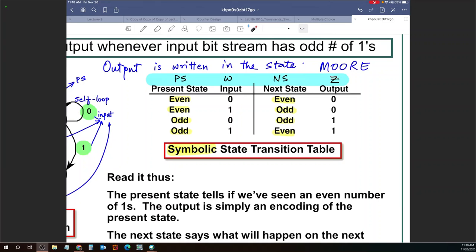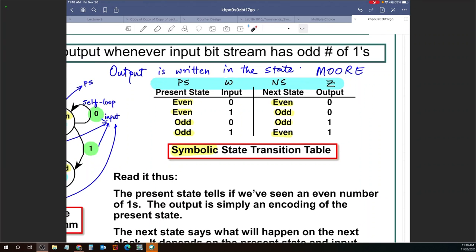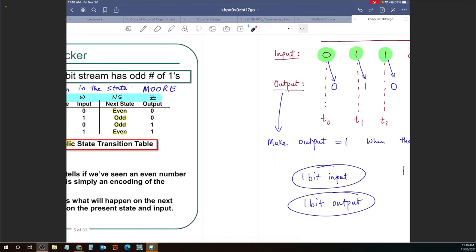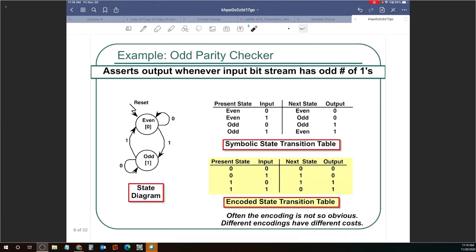All right, let's zoom out here. Now let's talk about how you go from a symbolic state transition table to an encoded state transition table. Essentially the user comes in and says, I don't understand even, odd, I understand zeros and ones, because my flip-flops don't take an input of even, they can take an input of 0.